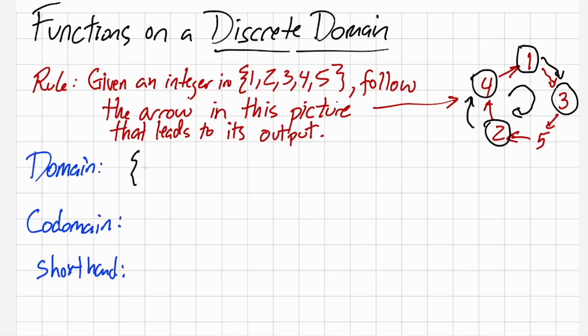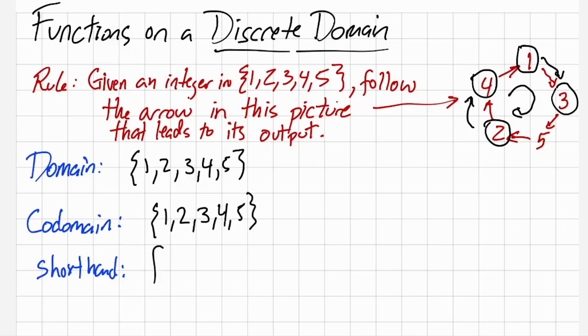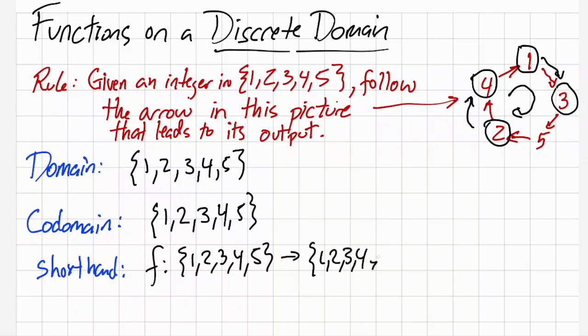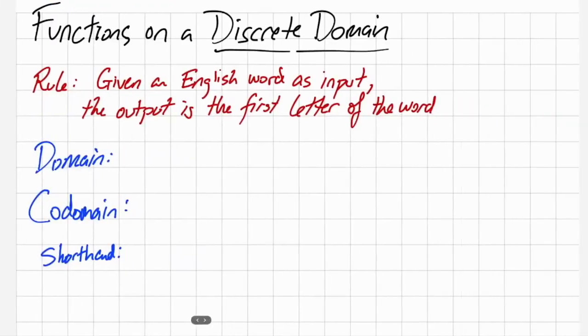Well, the domain is the set of inputs, 1, 2, 3, 4, 5. The codomain is the set of possible outputs, 1, 2, 3, 4, 5. And so we would write this as a function from {1, 2, 3, 4, 5} to the set {1, 2, 3, 4, 5}.